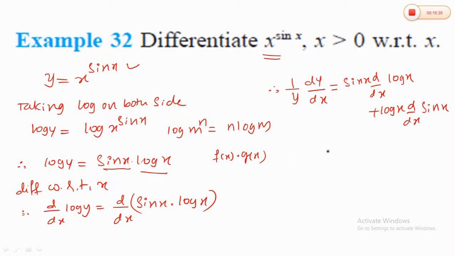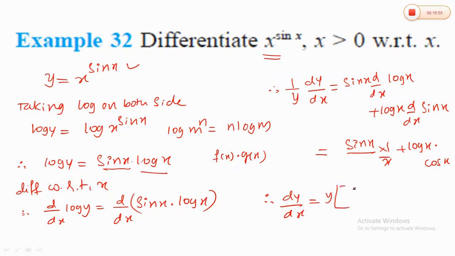So this equals sin x times the derivative of log x, which is 1 by x, plus log x times the derivative of sin x, which is cos x. Therefore dy upon dx is equal to y into bracket sin x upon x plus cos x into log x.